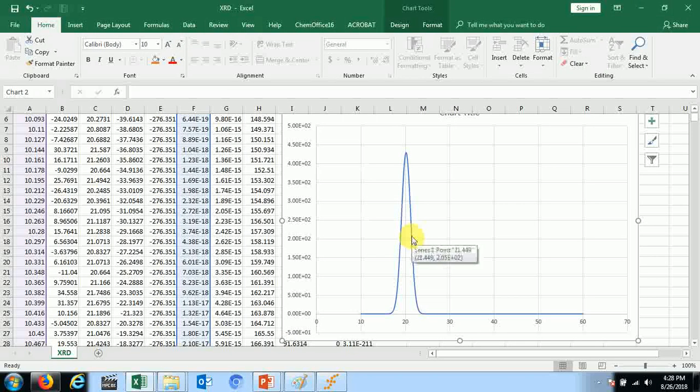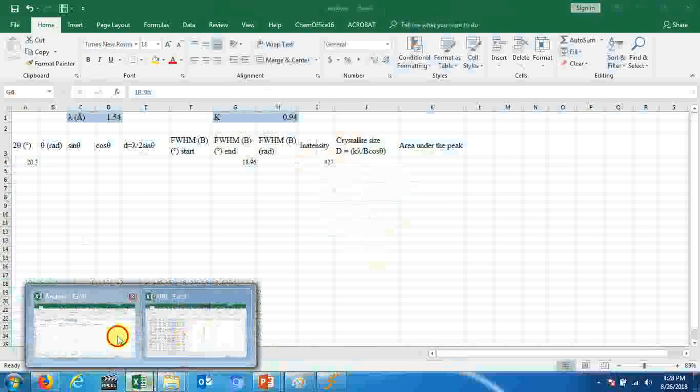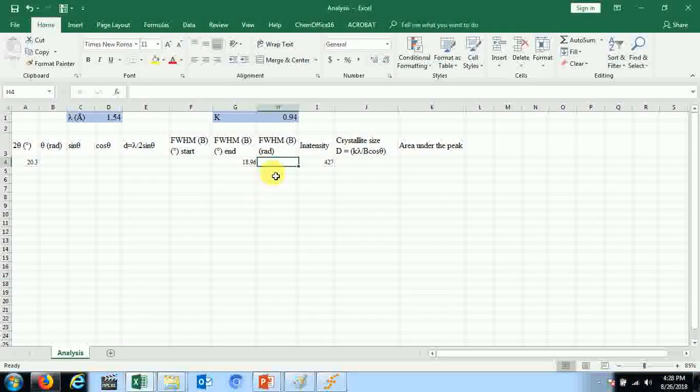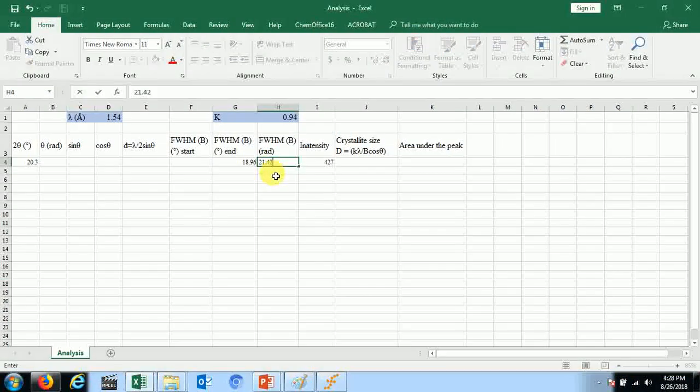Near 213, the end point is 21.415, or we can consider 21.42.